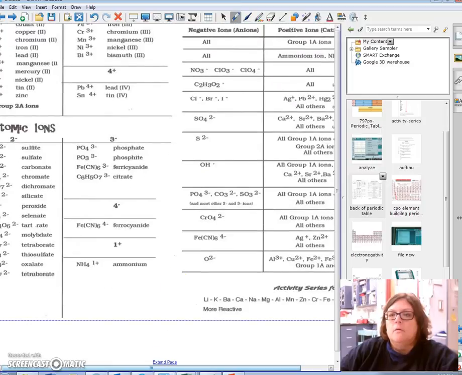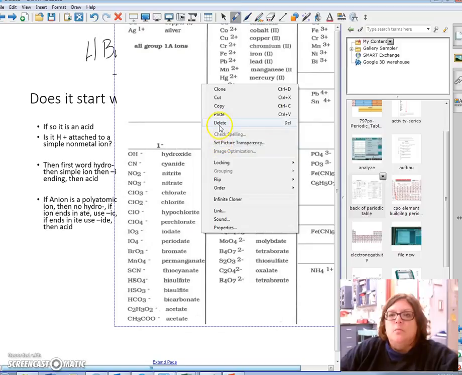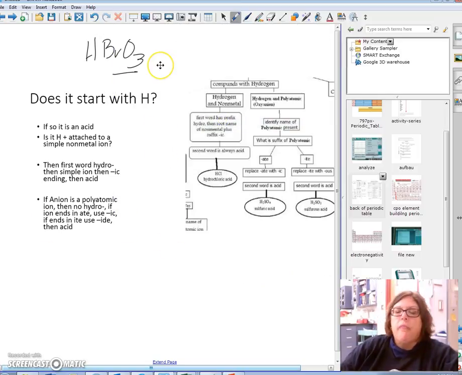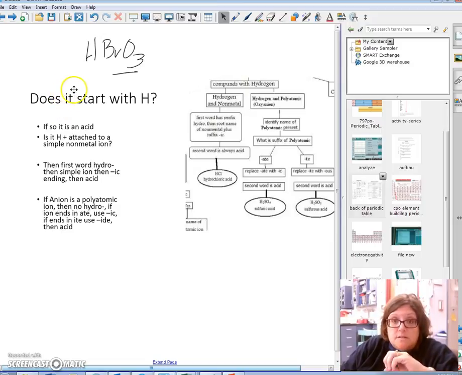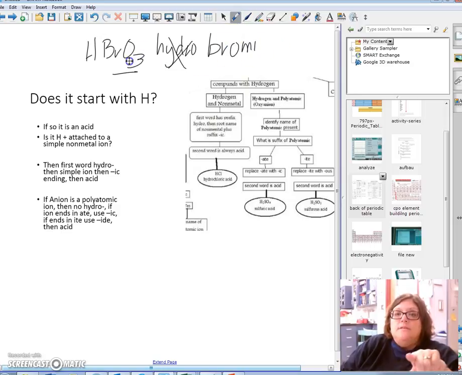These are sometimes called oxyacids. The way we name acids that have oxygen in them, or a polyatomic acid, is we drop the hydro. So hydro is now gone. We put the stem, brom, and then the ate gets dropped and we get ic.